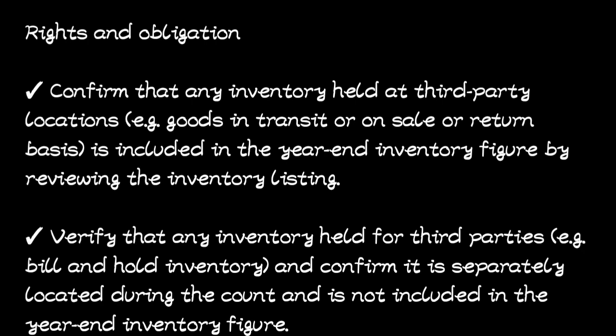Like that consignment inventory, that is held by someone else, to confirm that it actually belongs to the organization, you have to make sure that it is included in the inventory at the year-end count. If it's not included, it means that the entity has no right over it.